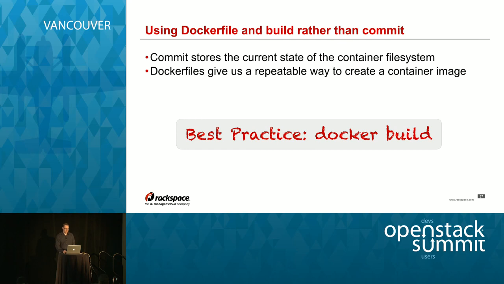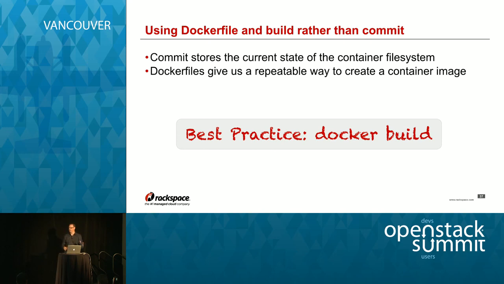Okay, so we talked about Docker commit. I mentioned before doing commit and creating new images is something you can do. I think that's fine if you're just playing around with stuff. It's not fine in a production environment where you want your environment to be repeatable. In that case, the best practice is create your images from a Docker build, from a Docker file, not by creating an image like I've been doing here in these demonstrations, fooling around with them, getting them to like a golden image, and then doing a commit on them and pushing them up.